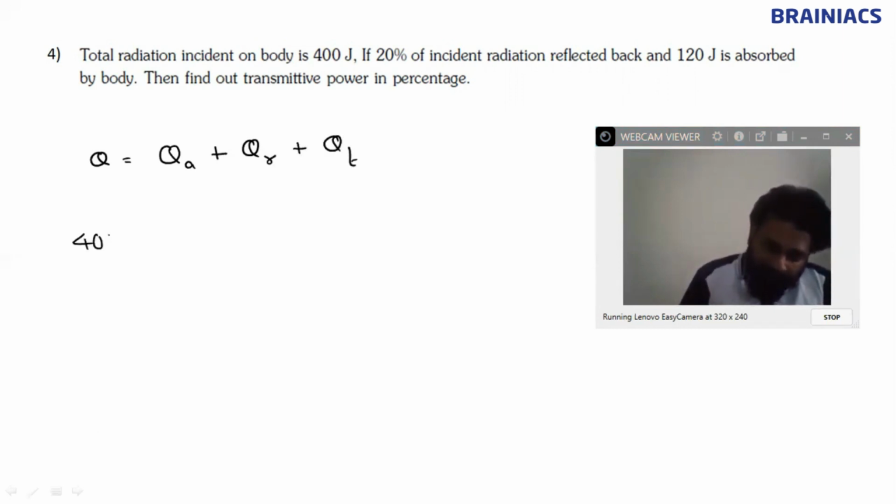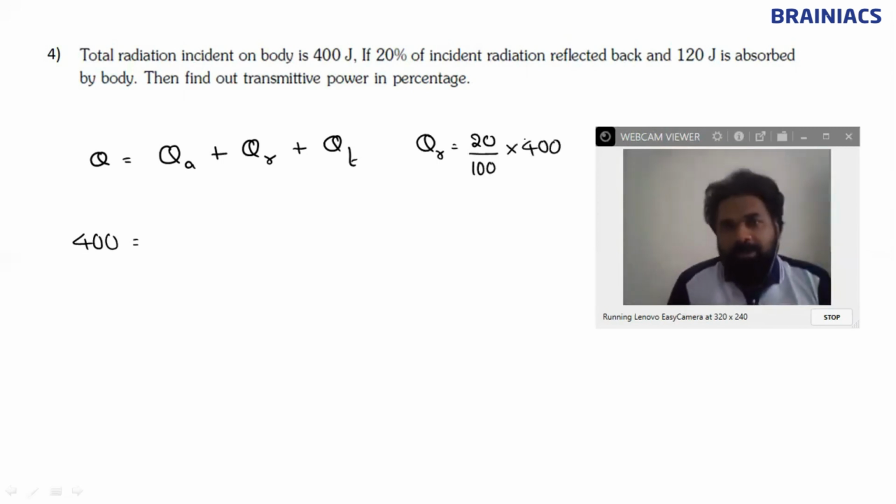So 400 is equal to... 20 percentage of the radiation is reflected back. So what is Qr? 20 by 100 into 400.